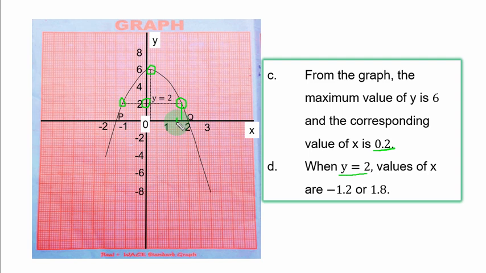And for the negative value, when you trace from here, you have minus 1.2. So the values of s when y is equal to 2 are minus 1.2 or 1.8.